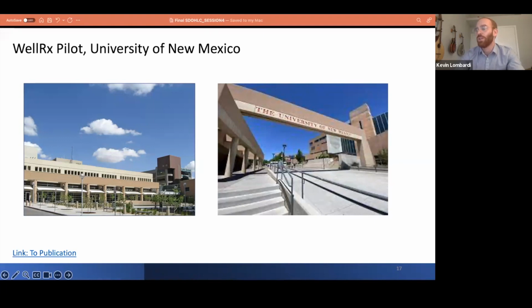Essentially, the Office of Community Health at the University of New Mexico in Albuquerque, which oversees this outpatient system, had a longstanding interest in integrating SDOH into ambulatory care. That interest was present through employee education, learning, and executive discussions at the administrative level.